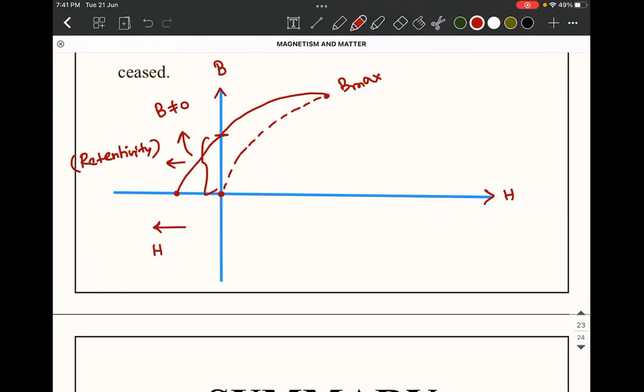Right? So what is happening here? This is the value of H for which the magnetic induction becomes zero. After that, if you keep increasing the value, it keeps increasing and will start attaining B max in the negative direction.